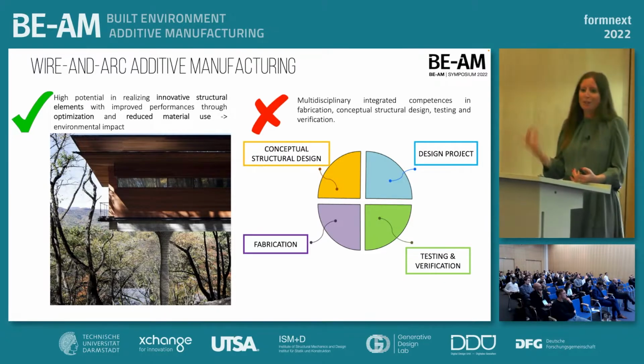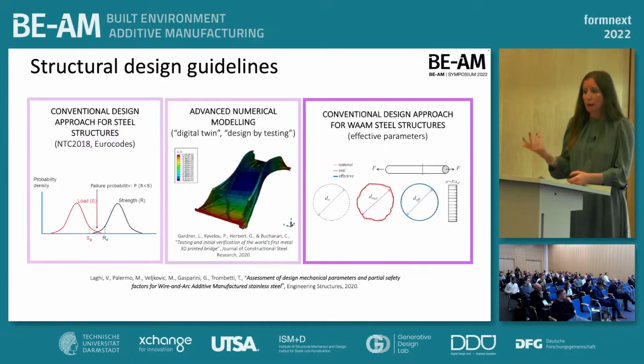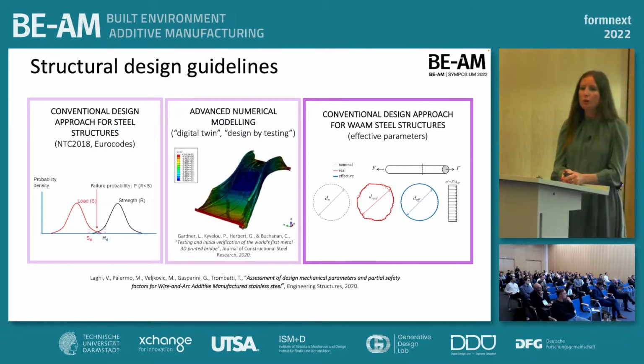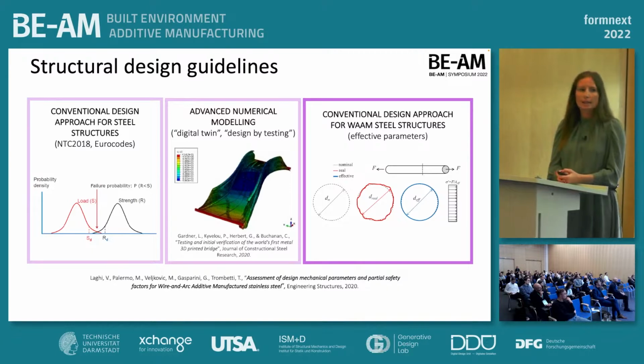It's not just structural engineering anymore, but you actually need to consider fabrication, design, testing, verification, and robotics. So my aim during my whole research was to try to draw structural design guidelines for wire and arc additive manufacturing elements.